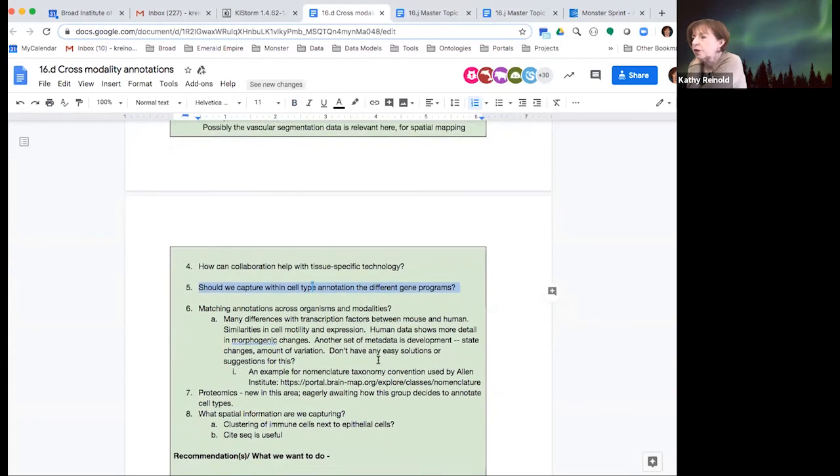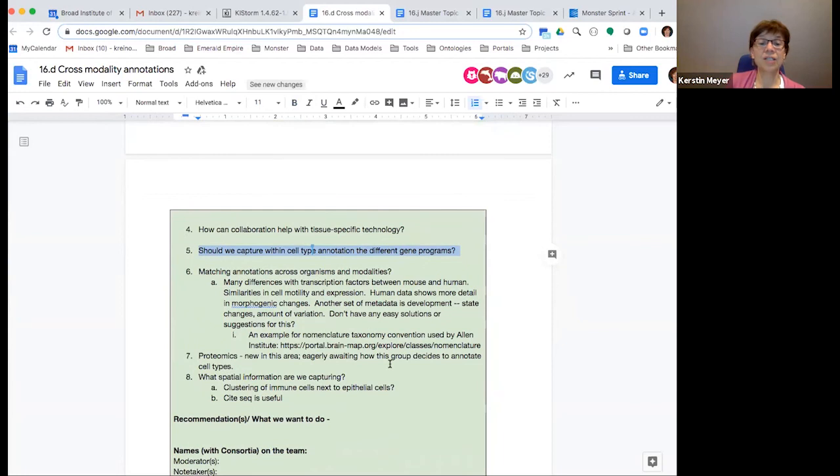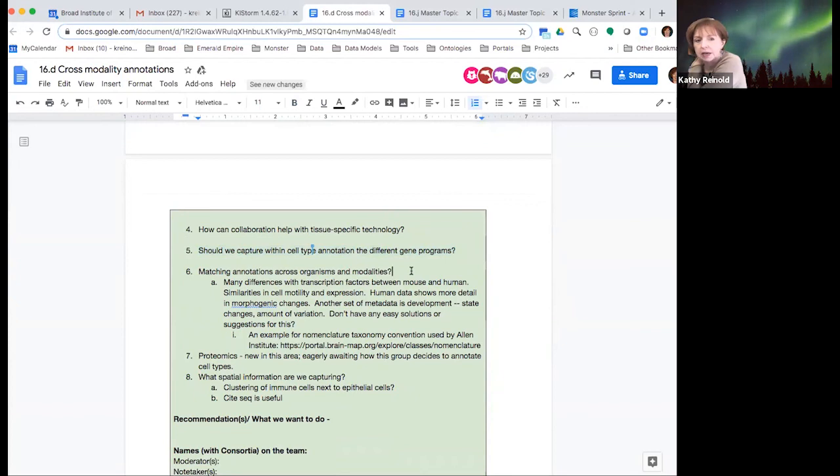Should we capture cell type annotation, different gene programs? No, I don't think we decided on any action on that. And then matching annotations across organisms and modalities. I feel like that gets back to the ontology question. Was there some other subtlety here in action that we should identify?